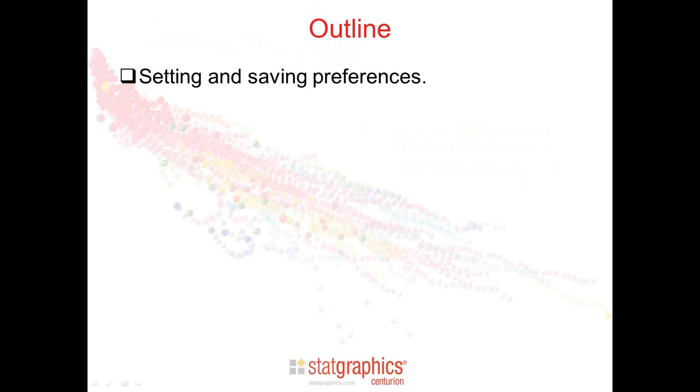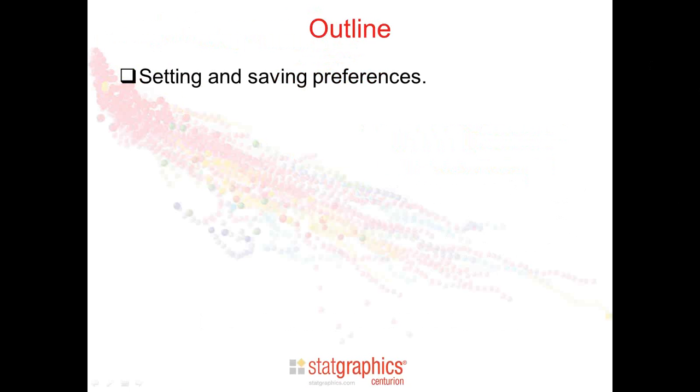You can always, once the graph has been generated, go back and change those. But we find it very useful, because we generate so many graphs and so much output, to put it up using system defaults. Because of that, we need to make it easy for you to change the preferences, change the defaults.